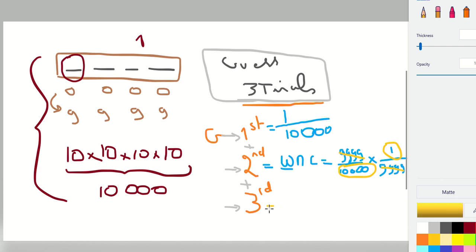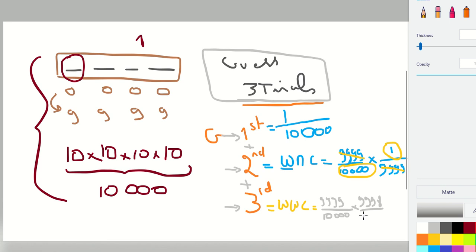And it turns out it's even true for the third trial. So it's wrong the first time, wrong the second time, and correct the last one. Wrong the first time, we already calculated that: 9,999 over the 10,000. Again, wrong the second time. Well, this time the wrongs have dropped by 1, so it's 9,998.